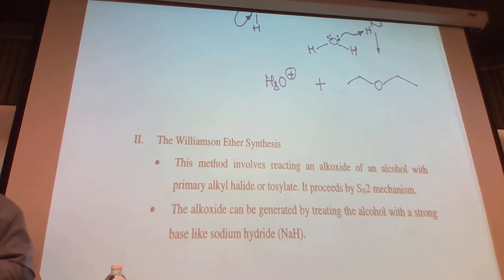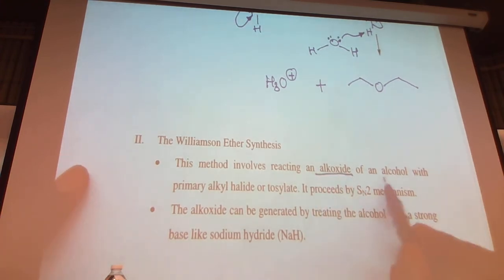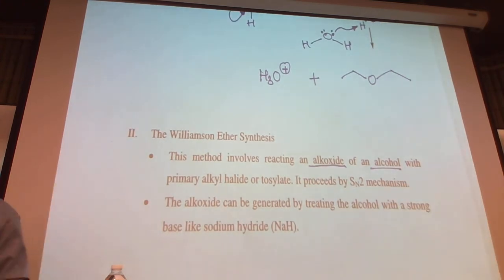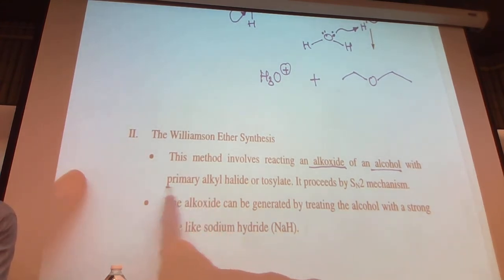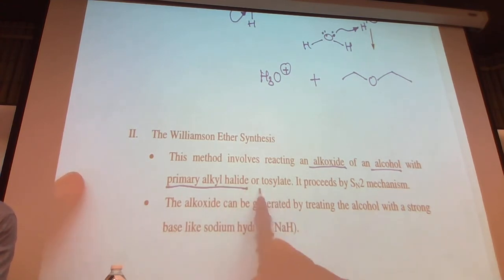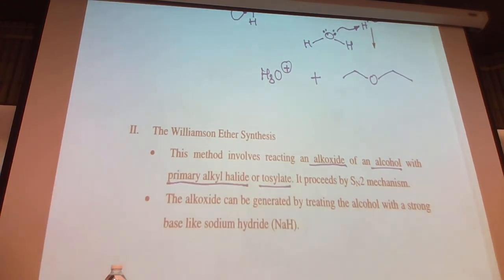So in Williamson ether synthesis, you generate an alkoxide of your alcohol, and that alkoxide is going to react in an SN2 fashion with a primary alkyl halide or a tosylate, because they are both good leaving groups.